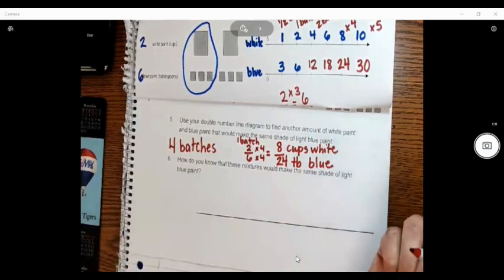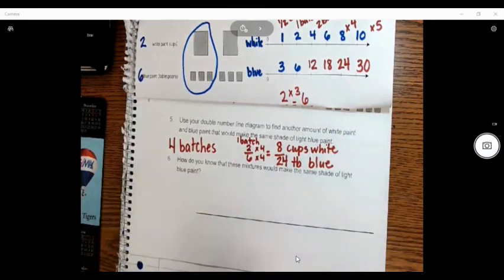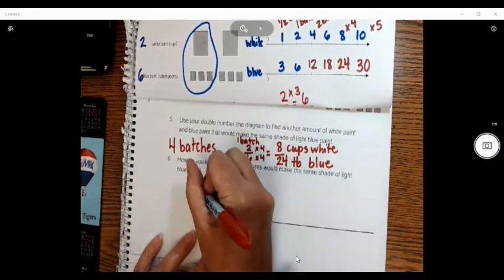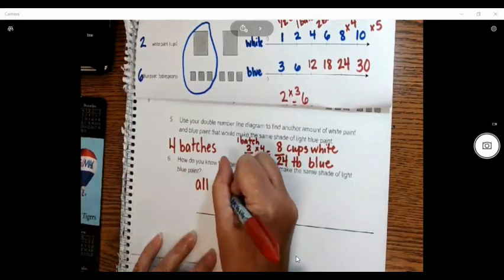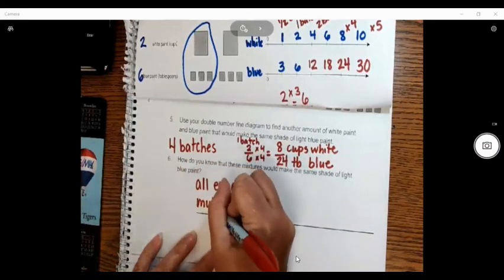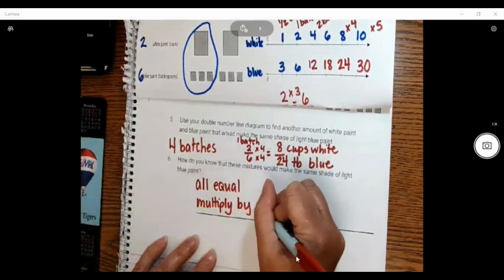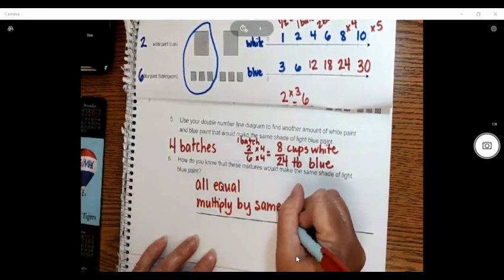And how do you know that these mixtures would make the same shades of light blue paint? Anybody have an idea? Because they're all equivalent. As we're multiplying, they're all equal. We are multiplying by the same number, the numerator and the denominator.